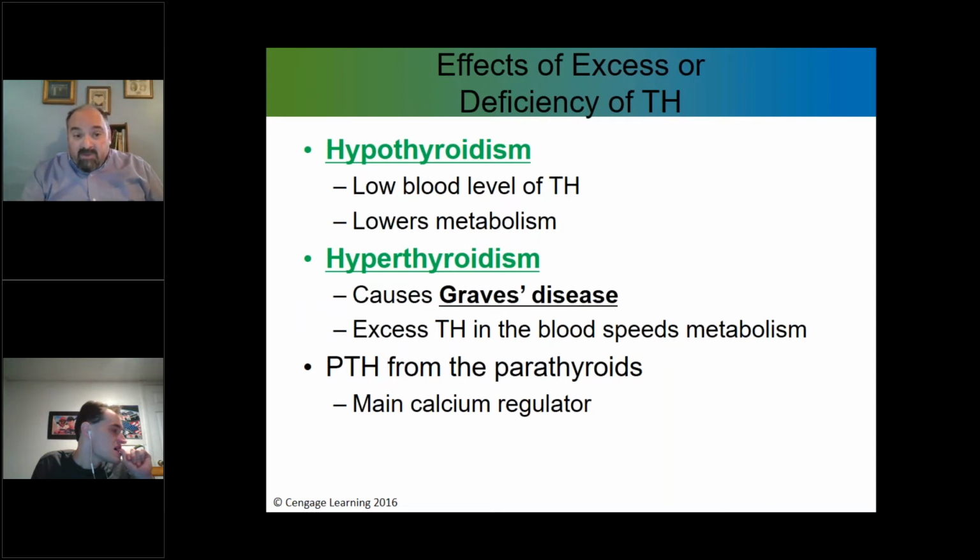If we break down bone, we release calcium into the blood, because calcium is stored in the bone. So if we break down bone at a quicker rate, we'll release more calcium into the blood, and this will increase the amount of calcium in the body. So PTH stimulates this breaking down of the bone in order to release calcium from the storehouse within the skeletal system.